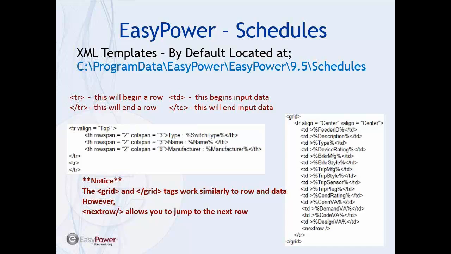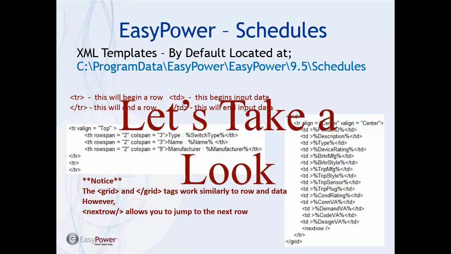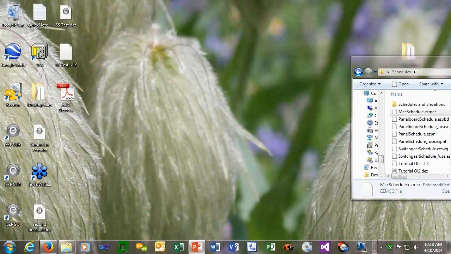Manufacturer is defined there as well. Now on the right side there, please notice that the items inside the main grid are defined with these grid tags, and the next row command, that's going to allow you to jump to the following row in your schedules. So let's take a look here at a template that I have.